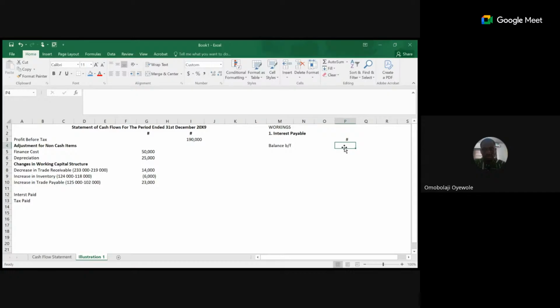So my balance brought forward, that is the opening balance, will be 30,000. I'll come here, balance carried down. That's the closing balance. How much is the closing balance? 45,000.